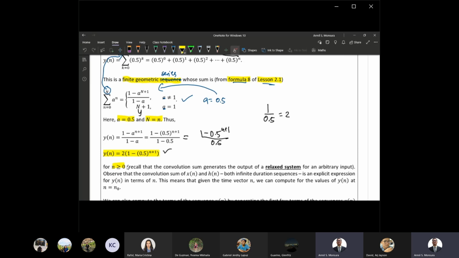Okay, so obviously, i-define natin yung output sequence niyo for n greater than or equal to 0 since the convolution sum generates the output of a relaxed system. Pag ang system niyo ay relaxed, we tend to think na yung indices niyo na negative would cause your output sequence to be 0.